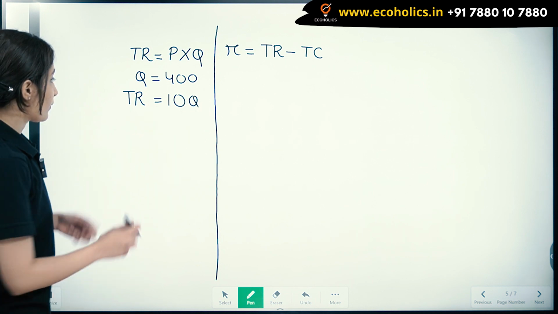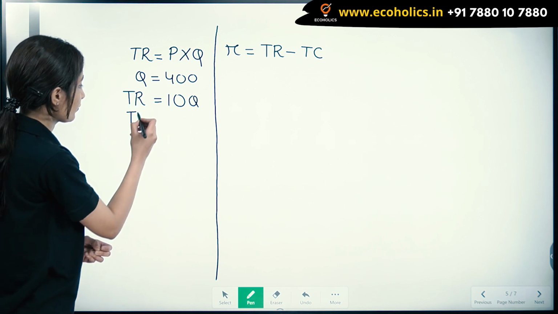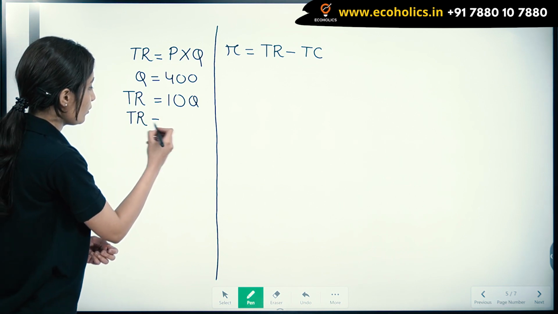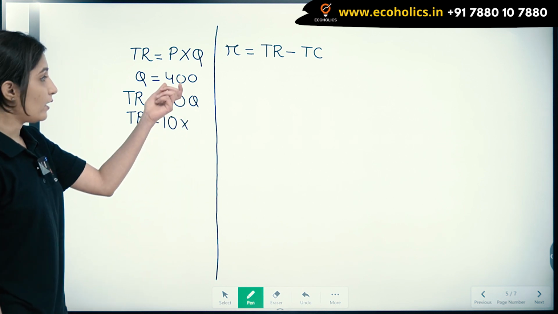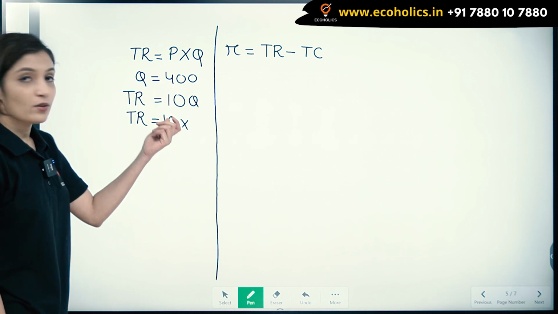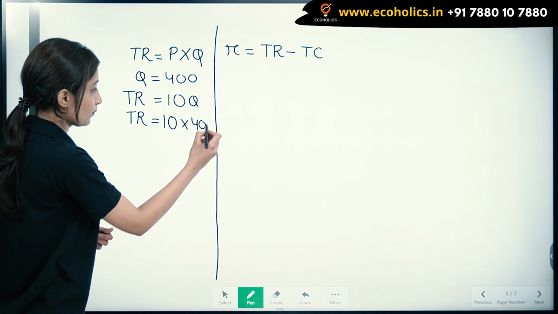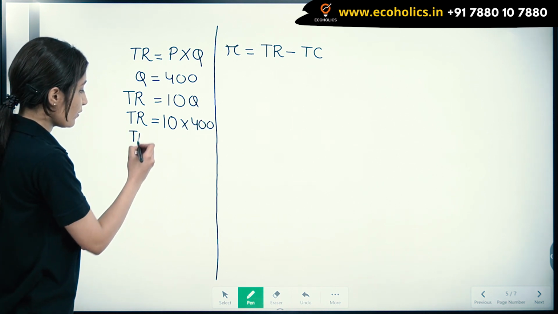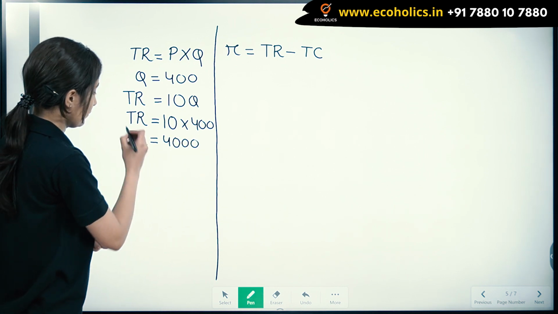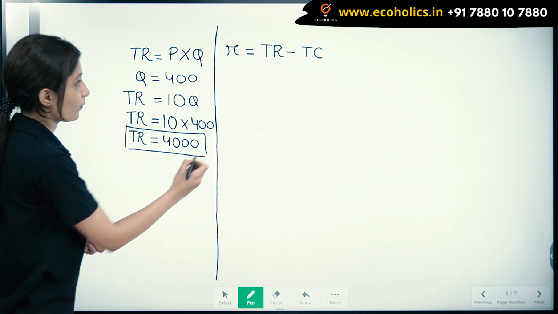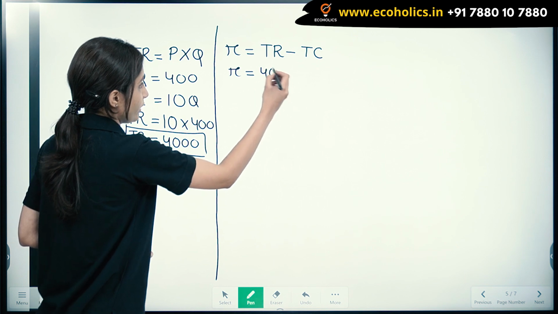Therefore, total revenue is equal to 10 into Q, so Q is 400. So total revenue is 4,000.